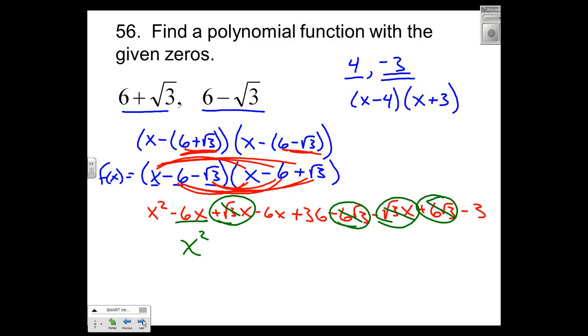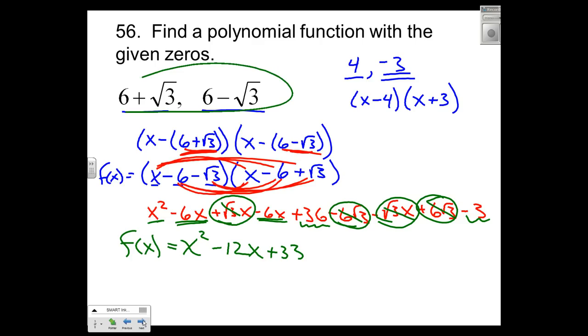I've got minus 6x minus 6x, minus 12x. I've got a plus 36 and a minus 3 for a plus 33. So there's a function that has those zeros. So yes, this is our function, but most certainly in this we would claim that this guy is more simplified.